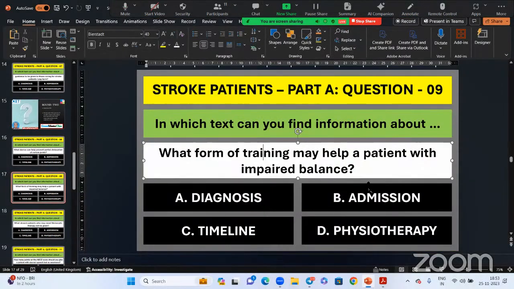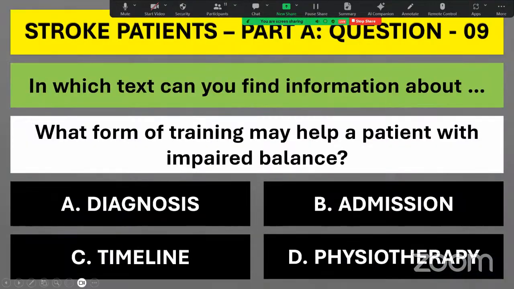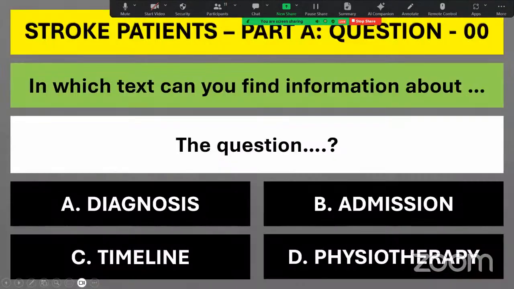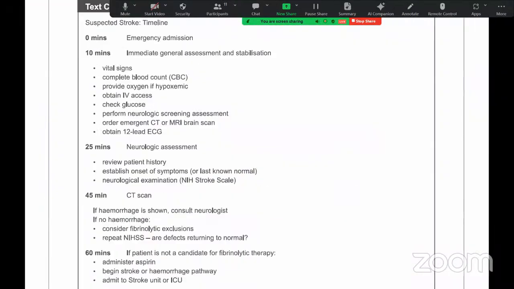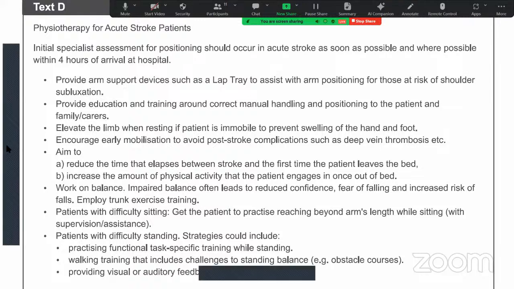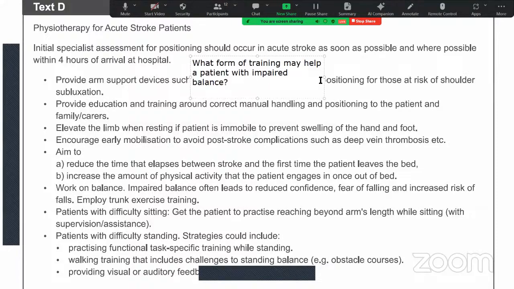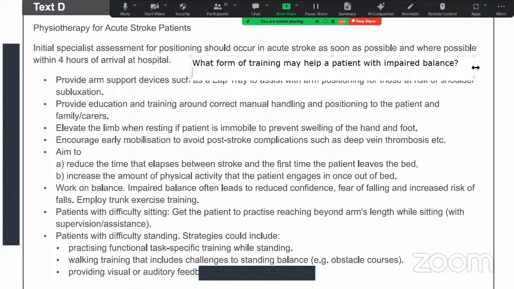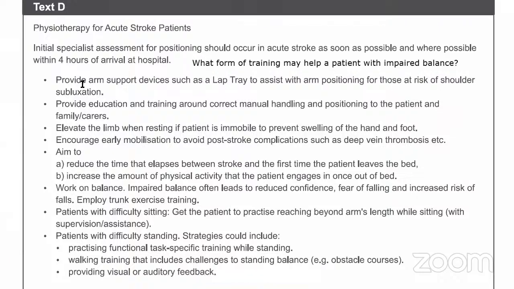This is the question. Now let us go again to text D. Yeah, this is text D. That's the question there.